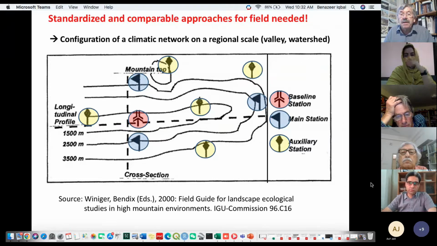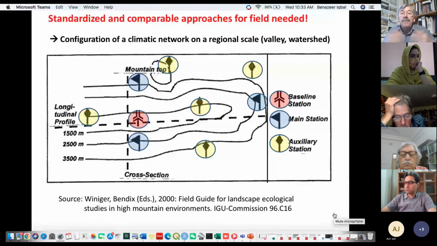And then we need main stations, one on the top, one on both sides of the valley, that's these blue ones, and of course auxiliary stations at special points. This has to be really achieved, and the different teams have to sit together.